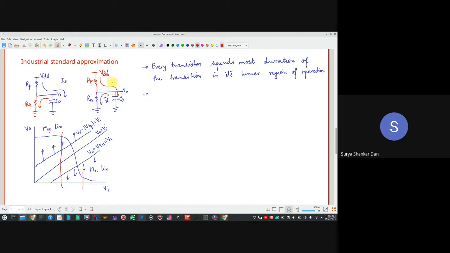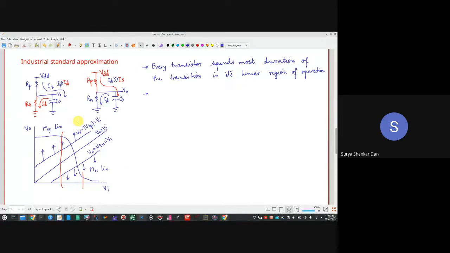So in this case, when ID is much larger than the red one IS, it will be the discharge. And over here, when IS is much less than ID, then it is the charging current.